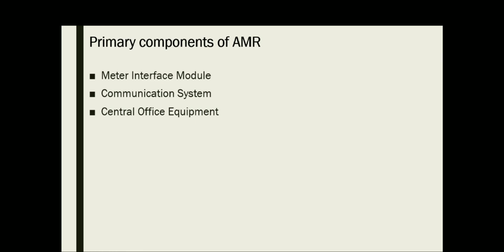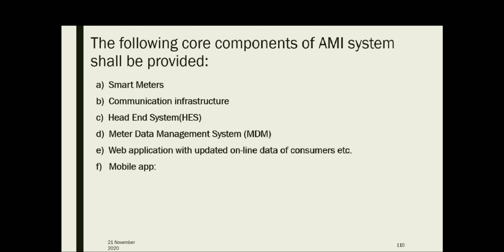And what are the primary components in an automatic meter reading system? So the primary components are the meter interface module, communication system, and central office equipment. So meter interface module, communication systems, and central office equipment are the primary components in the system.